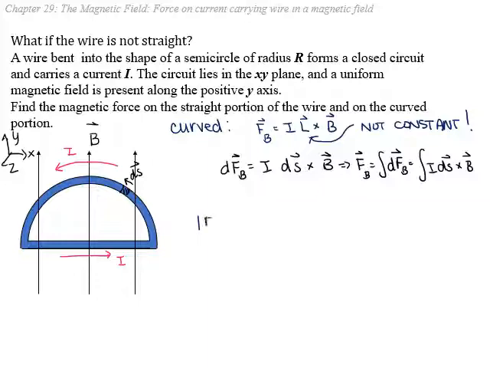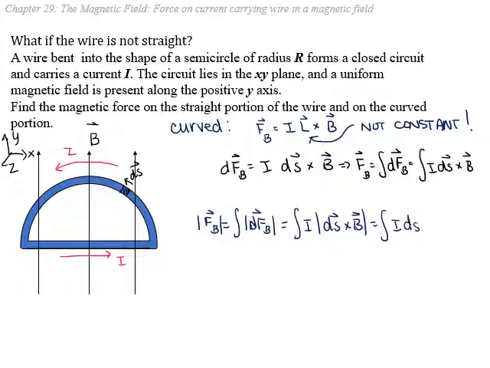The magnitude of F_B is going to be the integral of the magnitude of dF_B, which is equal to the integral of I times the magnitude of ds cross B. The magnitude of ds cross B is equal to the magnitude of ds times the magnitude of B times the sine of the angle between them.